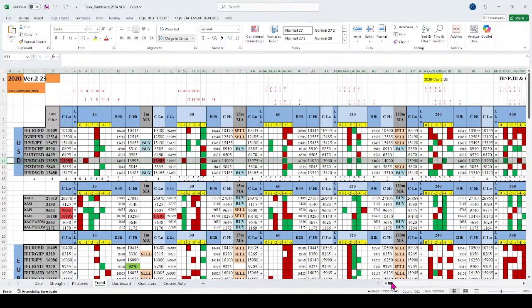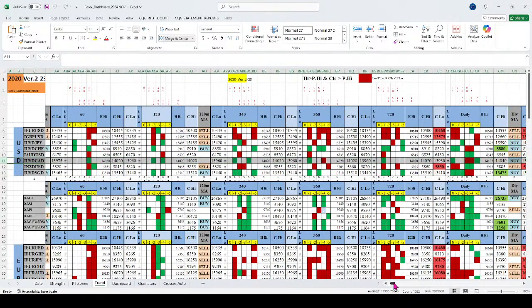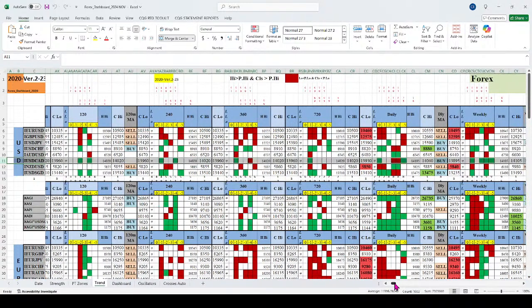I just want to see the trend direction. The daily is up above 14040. Okay, and let me see what it is doing now. I don't know whether I'm highlighting the other one.